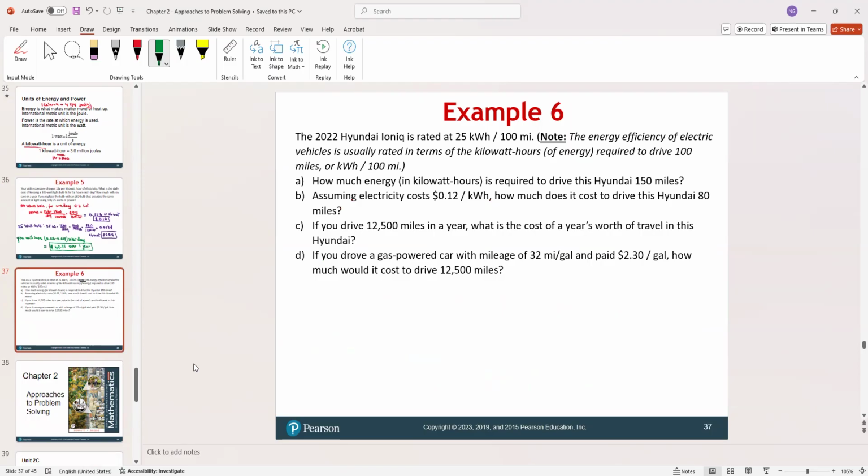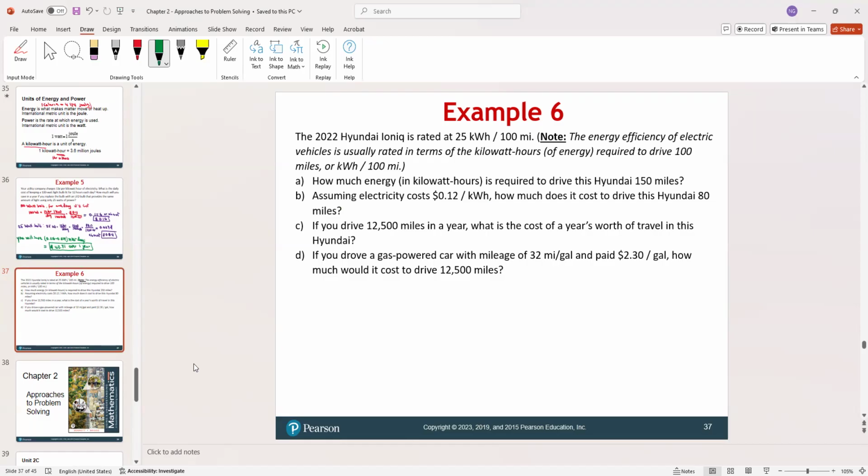But remember, those types of exercises, you can do part A to D with no problem. Because for this one, what they ask is really about the 2022 Hyundai Ioniq, which is rated 25 kilowatt hours per 100 miles, right? So it's electric, right? It requires this to drive 100 miles.